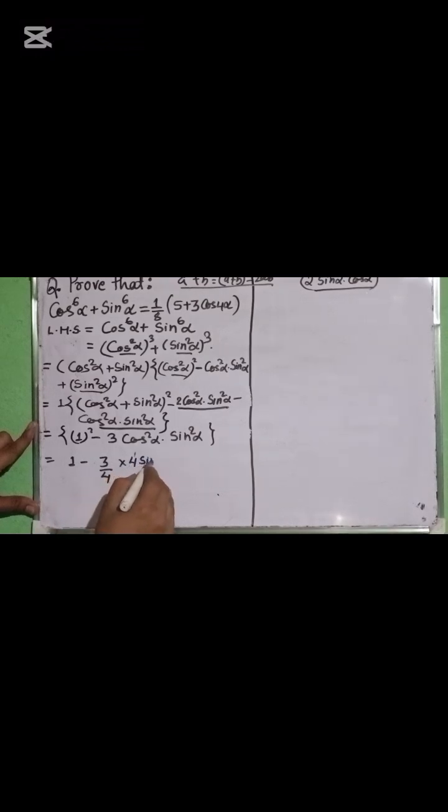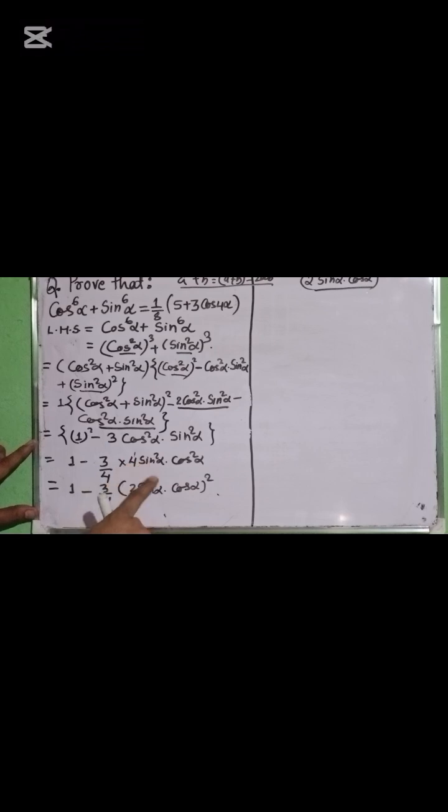Right here sine square alpha into cos square alpha, then 1 minus 3 by 4, and we can write this 2 sine alpha into cos alpha whole square. When you remove this bracket, then it will come 4 sine square alpha into cos square alpha. Then right here 1 minus 3 by 4.